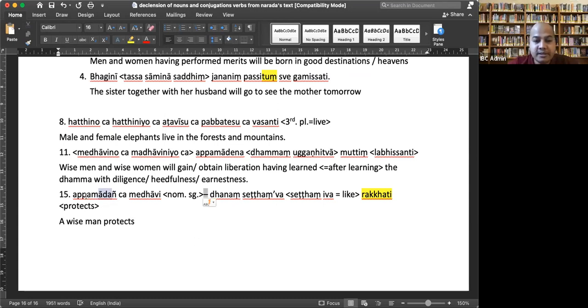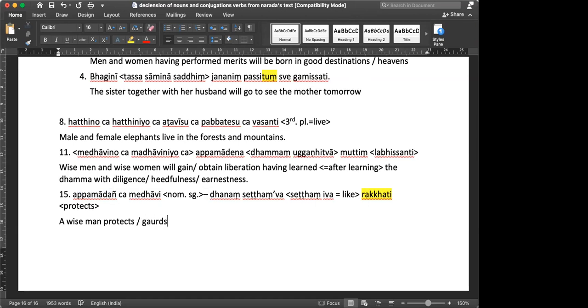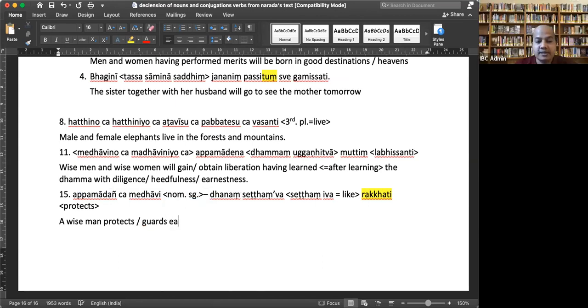So appamada is the quality that a wise person protects or guards. A wise man guards or protects earnestness.